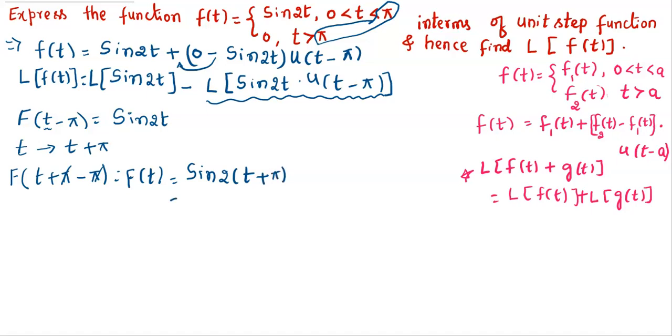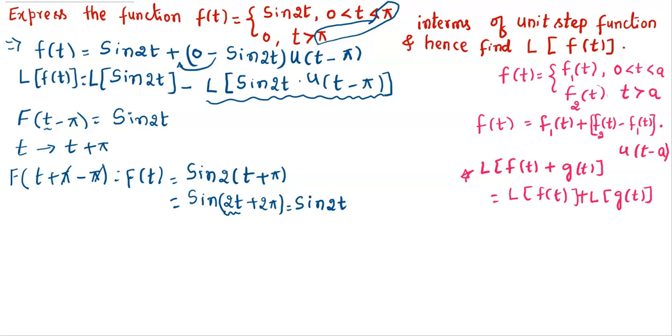Let me write this as sine of 2t plus 2 pi. See, sine of 360 plus theta is equal to sine theta. So instead of theta, we have 2t. That is sine 2t.